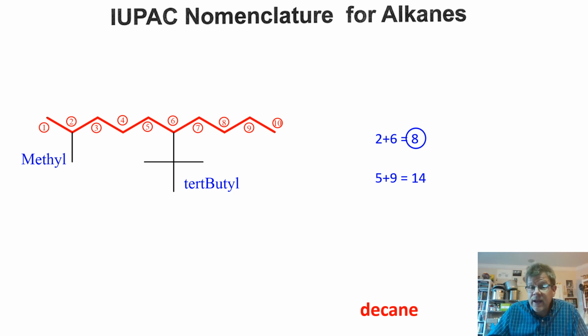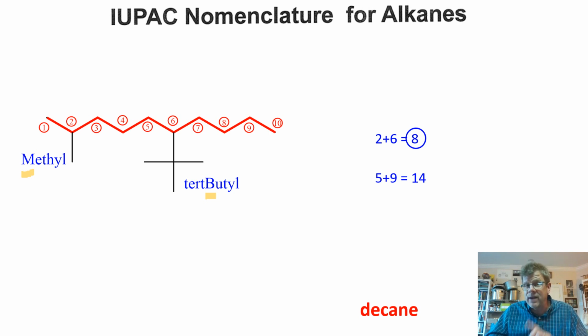Initially, it sort of seems like the M in methyl comes before the T in tert-butyl. However, the tert in tert-butyl is a modifier. We have to go with the B in tert-butyl, and the B in tert-butyl comes before the M in methyl.